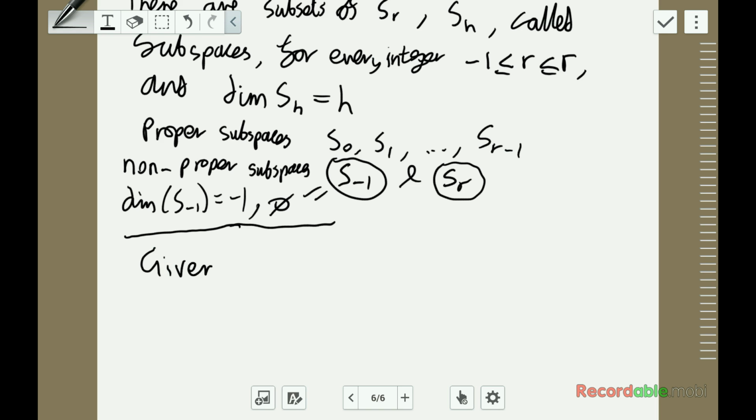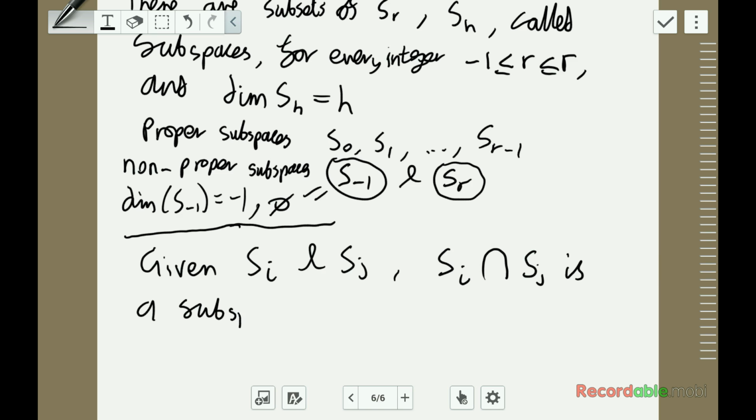Given a subspace that's I-dimensional and a subspace which is J-dimensional, we're going to have that the intersection of these two subspaces, which is denoted SI cap SJ, is also going to be a subspace of SR.